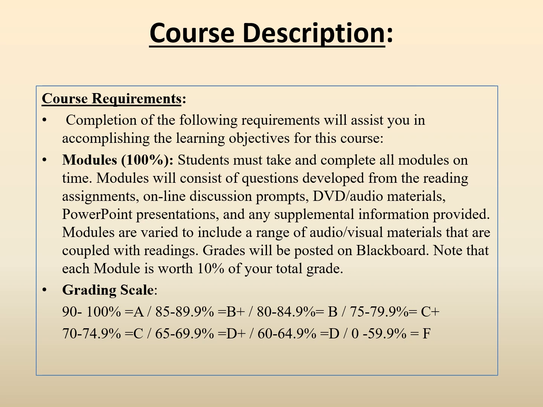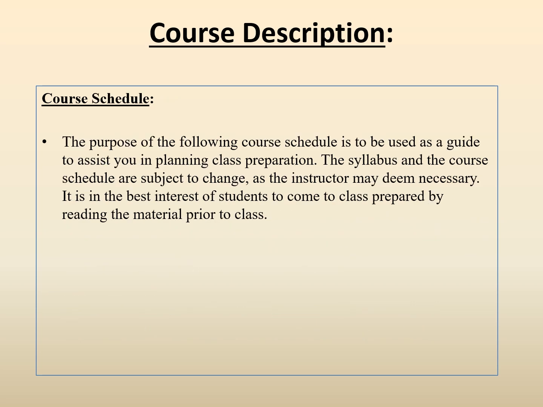Course description, all of this information is in the syllabus. We have 10 modules, each worth 10%. So 10 times 10 is really easy. It's 100% total. And we follow the USC grading scale. So in the syllabus, you'll see the course description. There's a schedule.